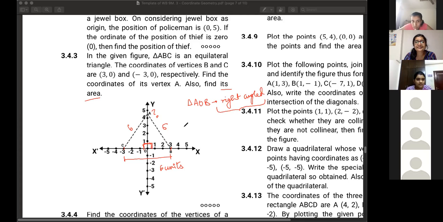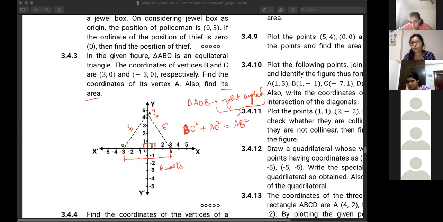No, ma'am, I mixed up. Ma'am, BO squared plus AO squared is equal to AB squared. Correct. You missed out on the square. You had the idea, you didn't get it 100%. But now you're right. So BO squared plus AO squared is equal to AB squared, as you guys said, Pythagoras theorem.